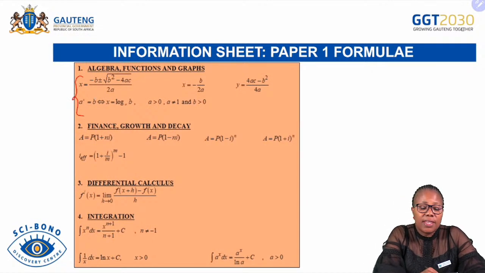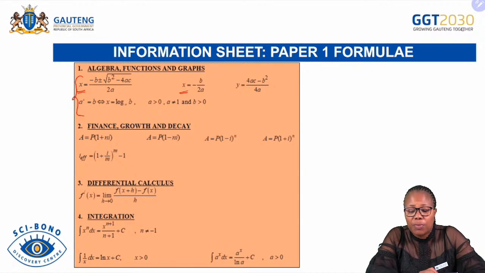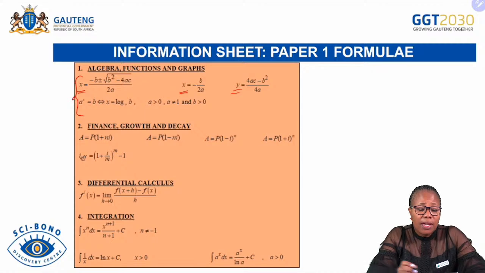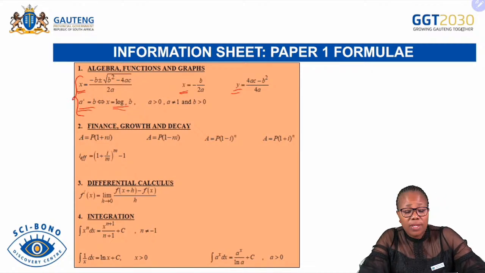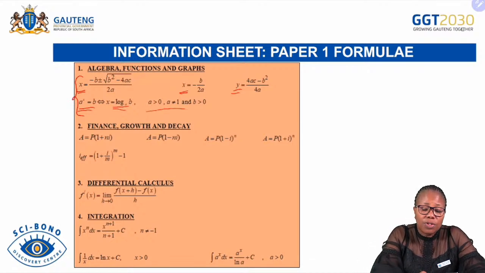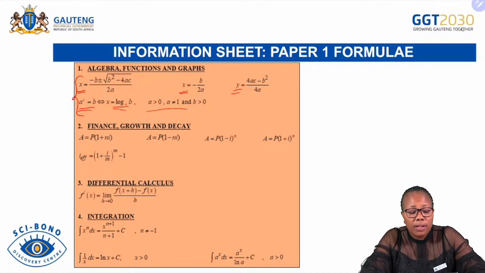As indicated there, you have your quadratic formula, you have your turning point x formula, your turning point y value formula. And then we have the exponential change into log, the rule there, and that is the condition of that particular conversion of exponential to log.